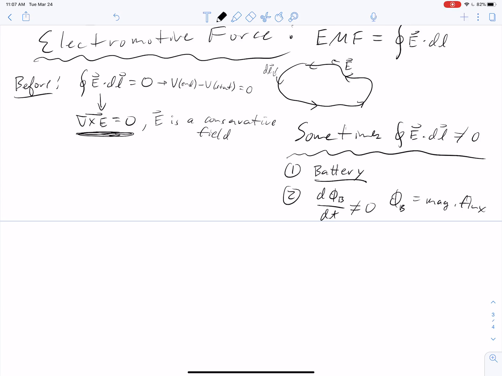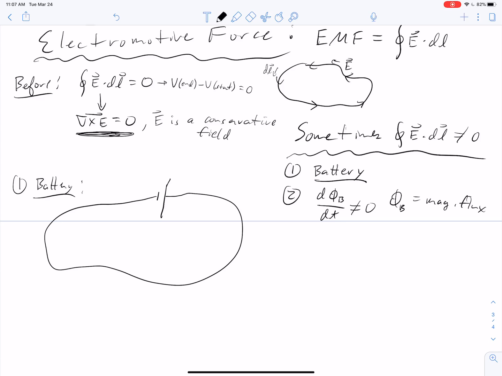Let's consider the first one, the battery. That's the easier one. Let's take some itty bitty battery, and then some giant current loop. Suppose this battery is really tiny. I'll call that V naught. This is the starting point, A, and this is the ending point, B. We have some electric field in this wire from Ohm's law, which we just derived.